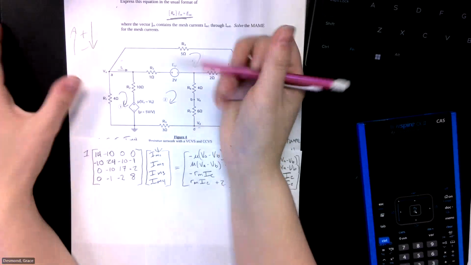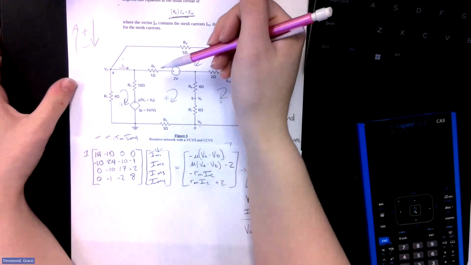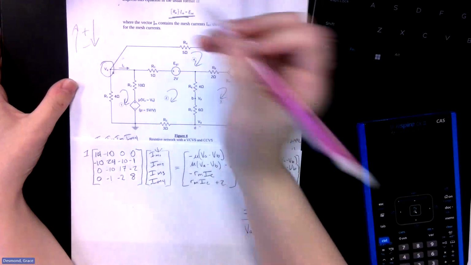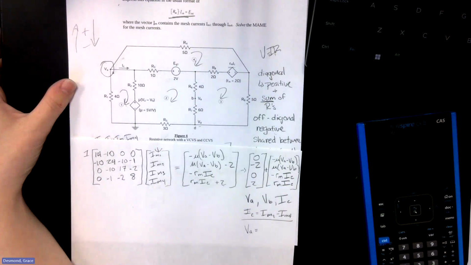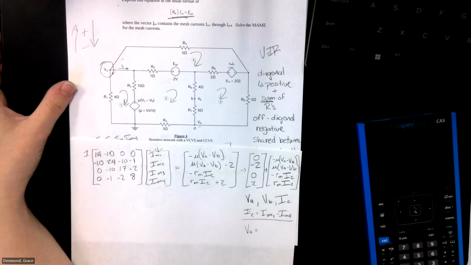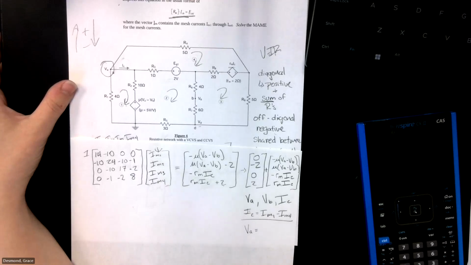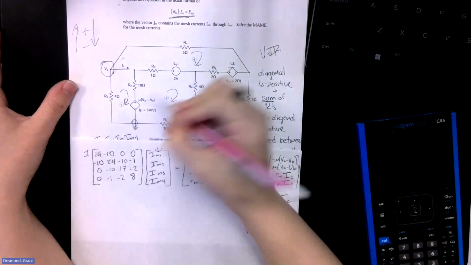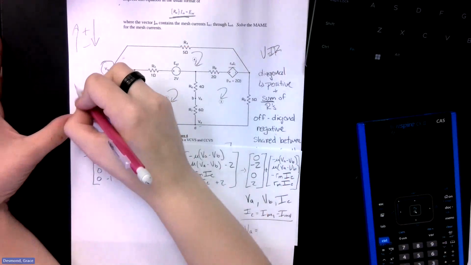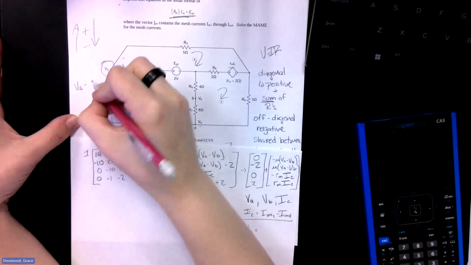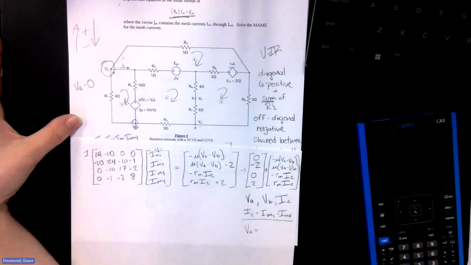Let's do it. So VA, this is the easier one. VA is at this node. Where would be the easiest way to find VA? So voltage VA minus 0.